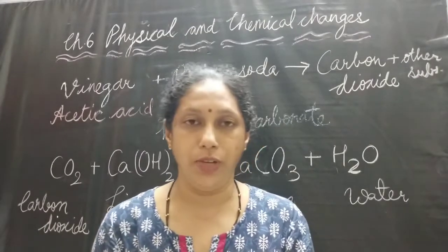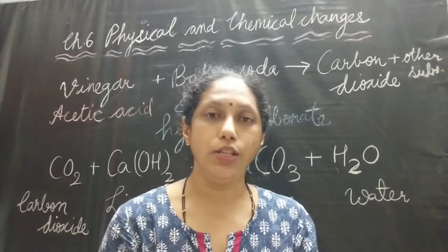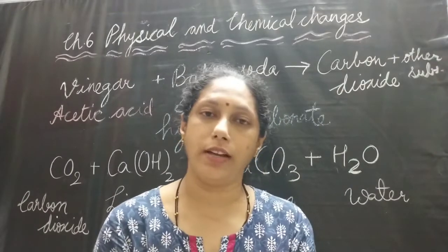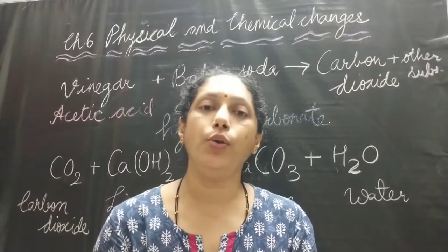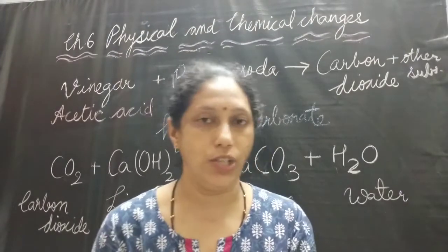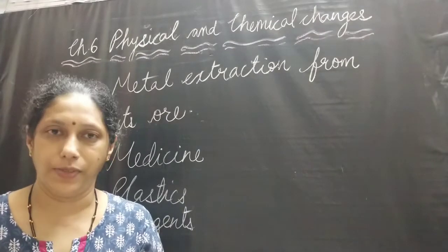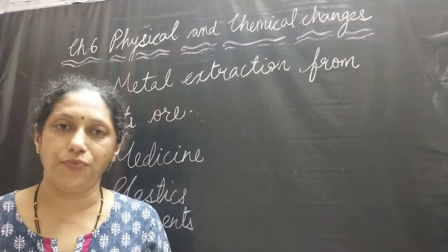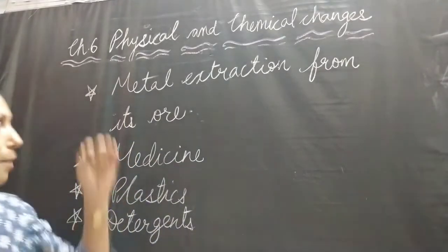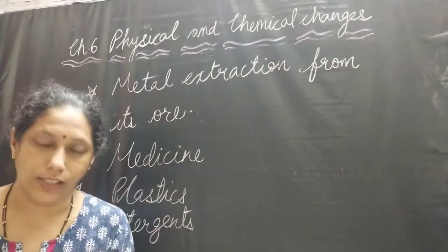So, a change in which one or more new substances are formed is known as a chemical change, and it is also known as a chemical reaction. We are going to learn about more examples of chemical changes. Chemical reactions are very important in our lives. All new substances are formed as a result of chemical reactions. For example, metal extraction from its ore is done because of chemical reactions.